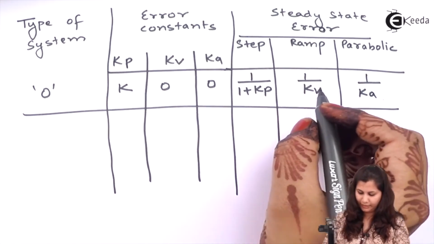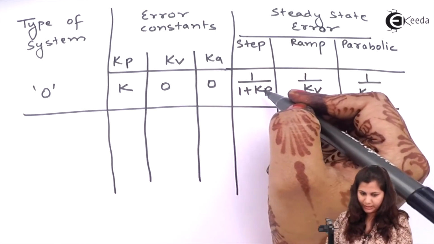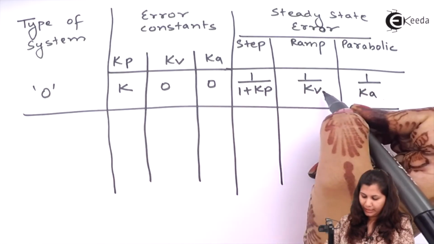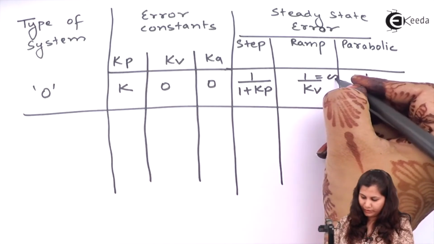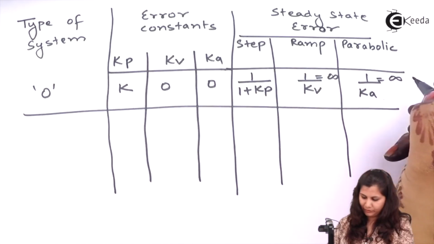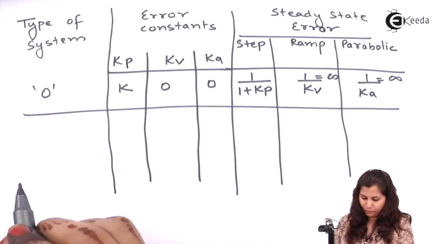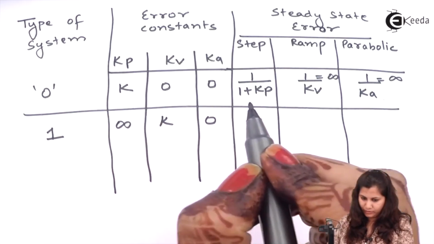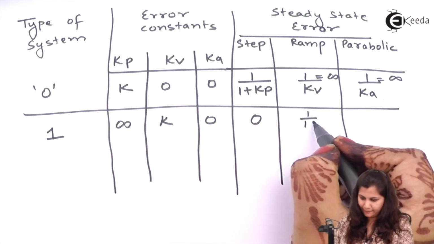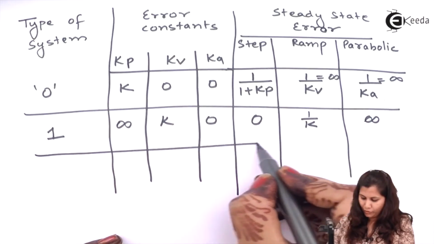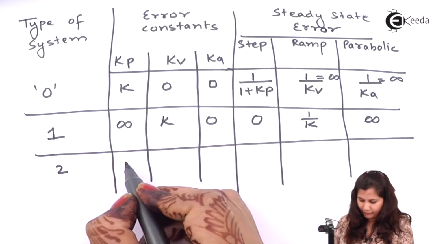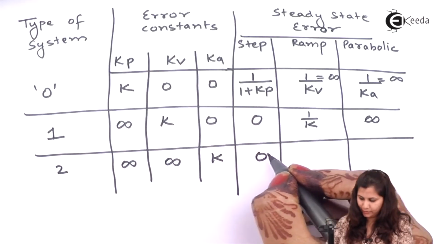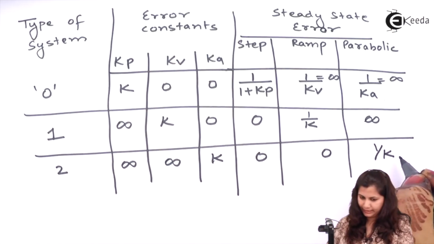So for a type 0 system, it will be 1 upon 1 plus Kp, and 1 by Kv is equal to infinity, and 1 by Ka will be equal to infinity. For type 1, we have infinity, K, 0, and the errors will be 0, 1 by K and infinity. For type 2, the position error coefficient is infinity, then K, 0, and the errors are 0, 0 and 1 by K.